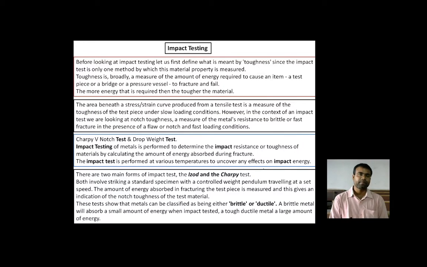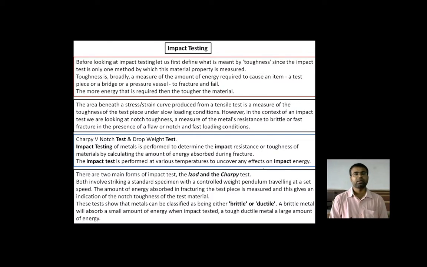So before proceeding to the impact testing, we need to understand what toughness is. Because toughness is the property of a material which absorbs energy and then fractures.